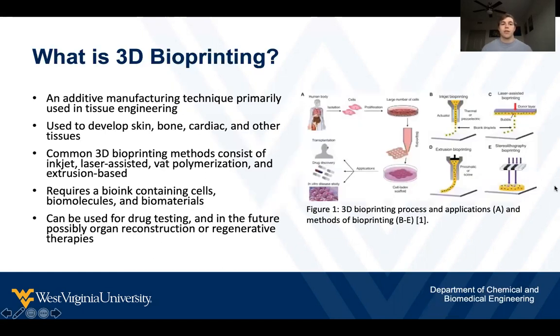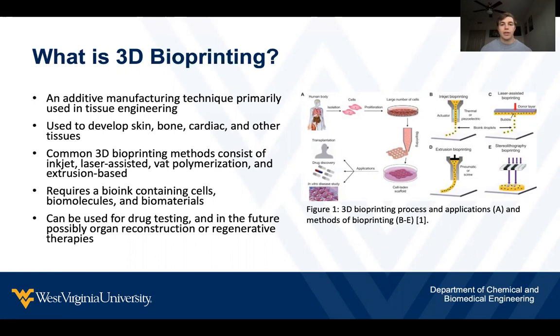So first off, what is 3D bioprinting? 3D bioprinting in general is an additive manufacturing technique, and it's primarily used in tissue engineering. So far it's been used to develop many different types of tissue, from skin and bone to cardiac, muscle, and liver tissues.